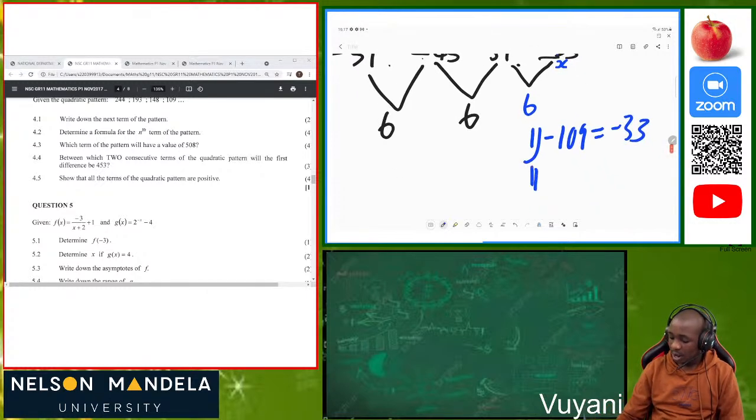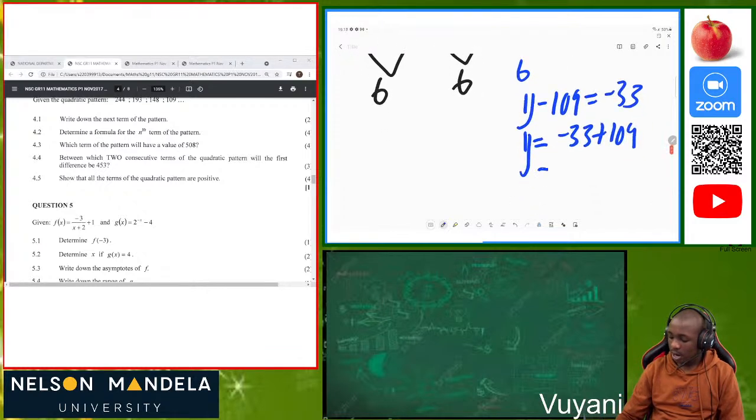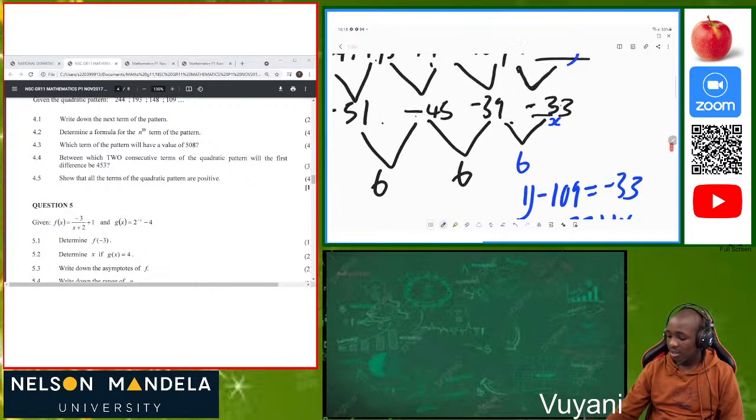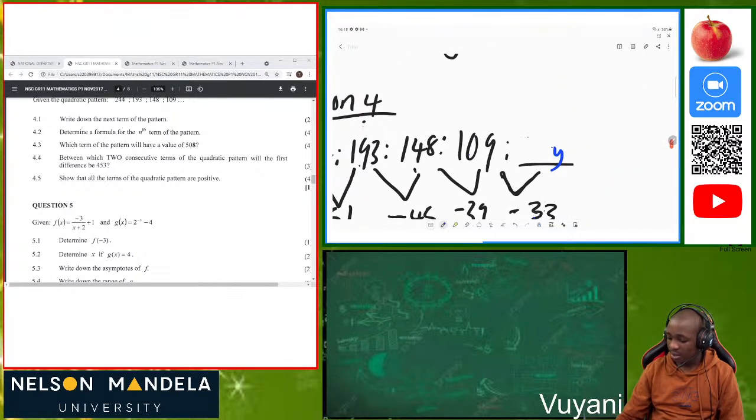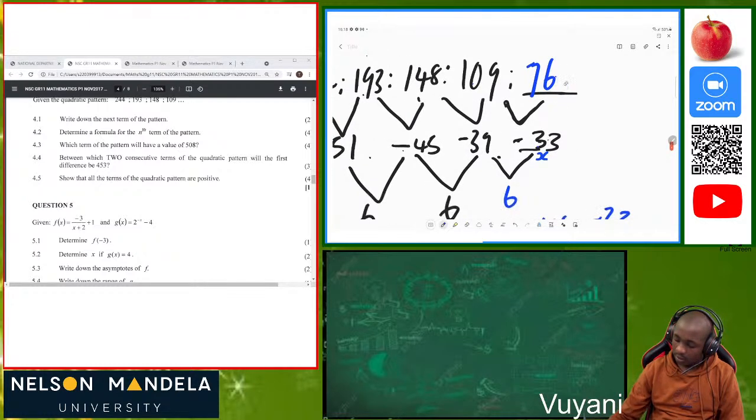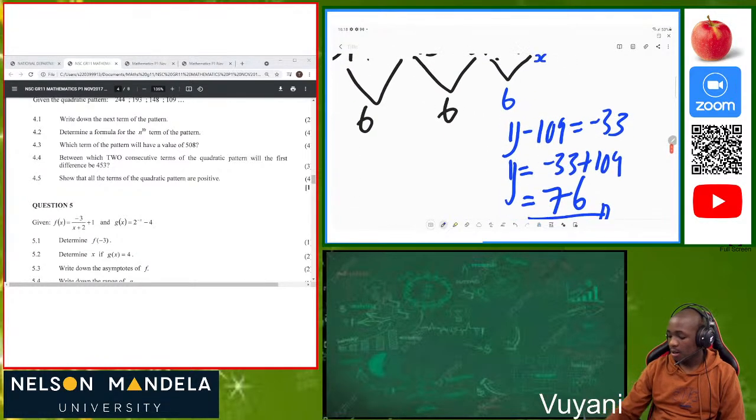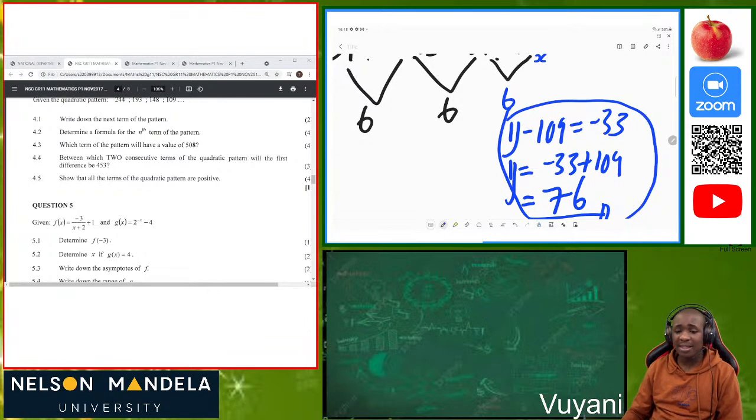So y is equal to negative 33 plus 109, and we will get y to be 76. So in other words, the term which is supposed to be here is 76. I just did this so that you can see where we are getting this value.